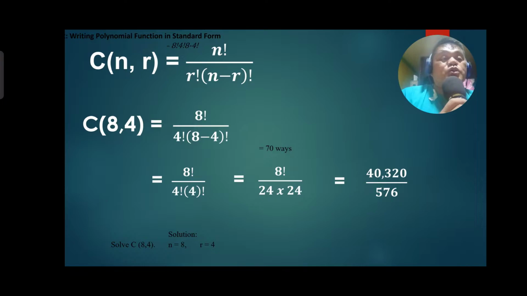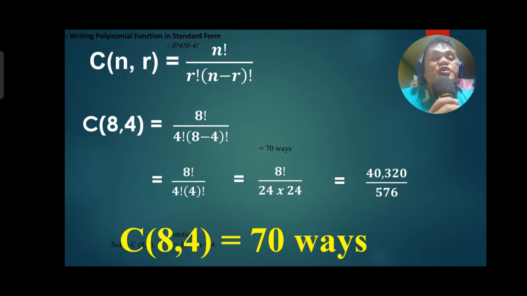So 8 factorial is 40,320 over 24 times 24, which is 576. 40,320 divided by 576 is equal to 70 ways.